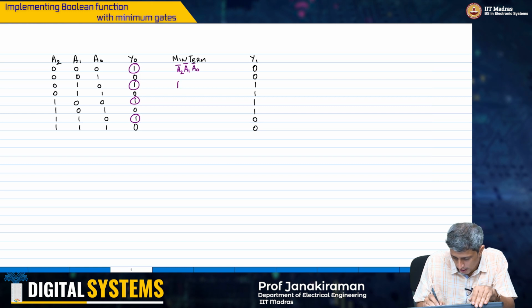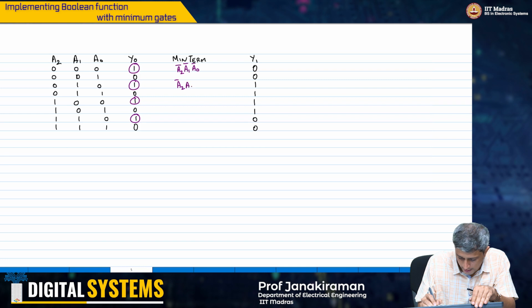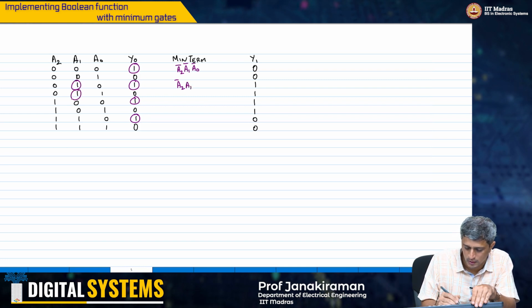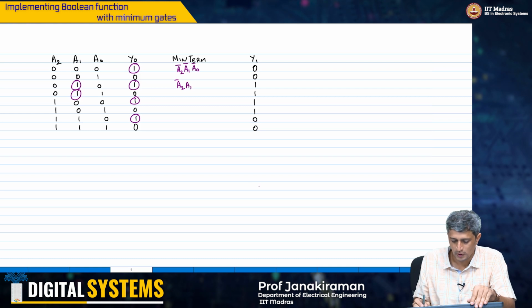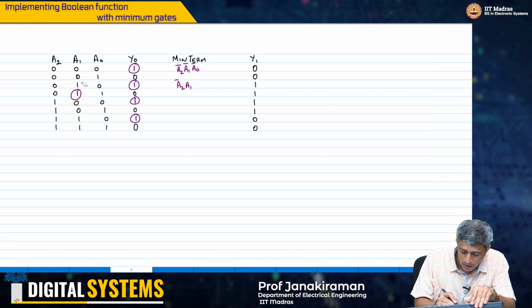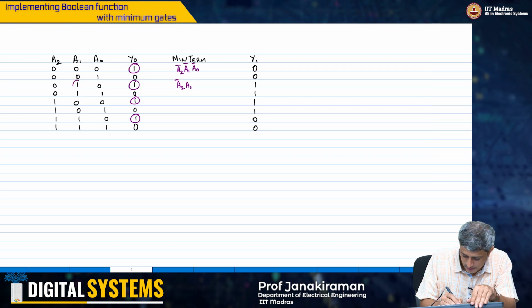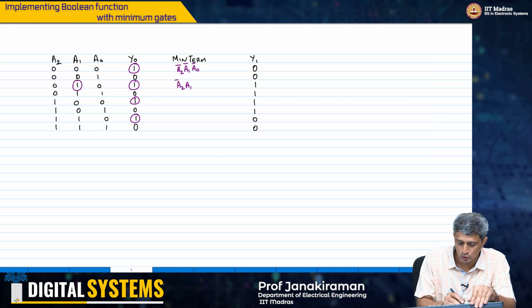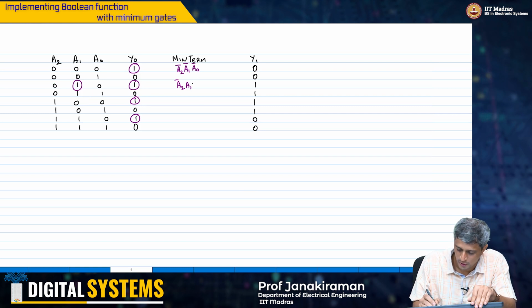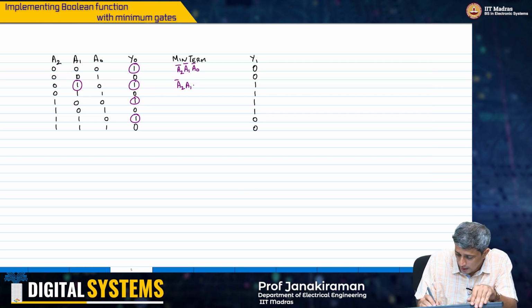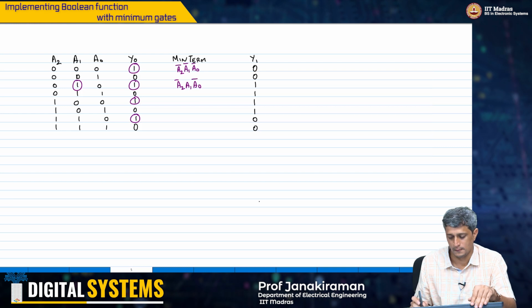Then you also have A2 bar, A1, because in just this case, A2 is 0, A1 is 1 and A0 is 0. So therefore it is A2 bar, A1, A0 bar.